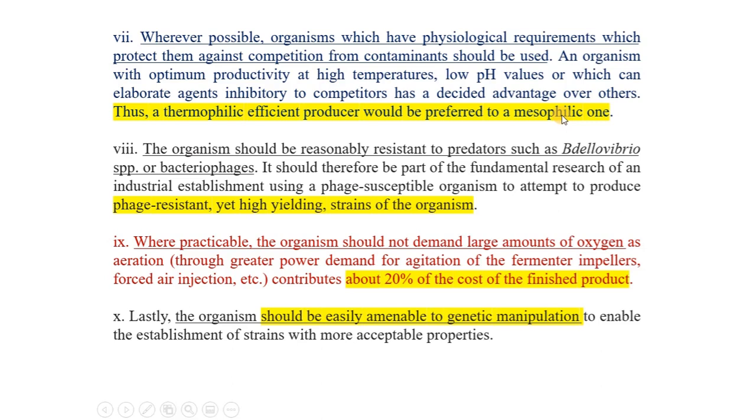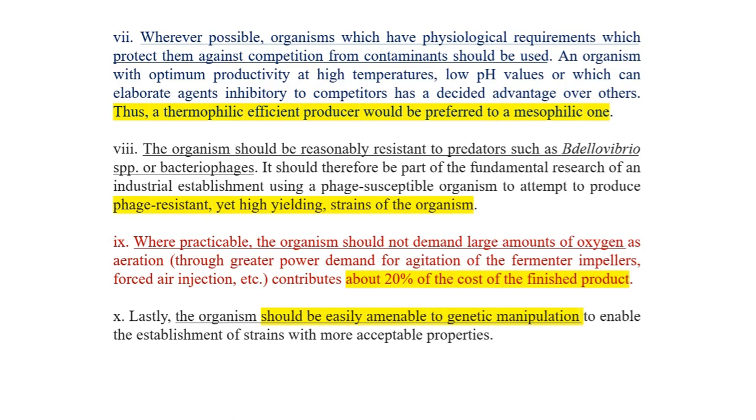And the next point is the organism should be reasonably resistant to predators such as Vibrio species and bacteriophages. All these are very important. That is, the organism should be reasonably resistant.